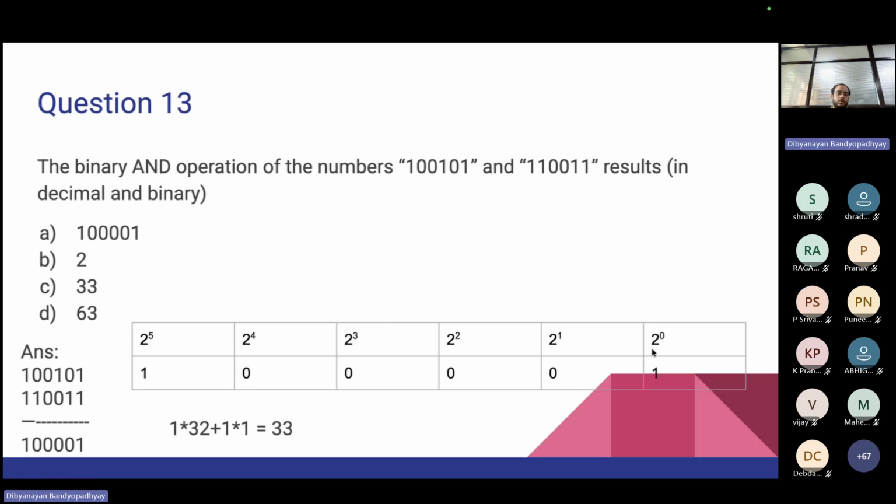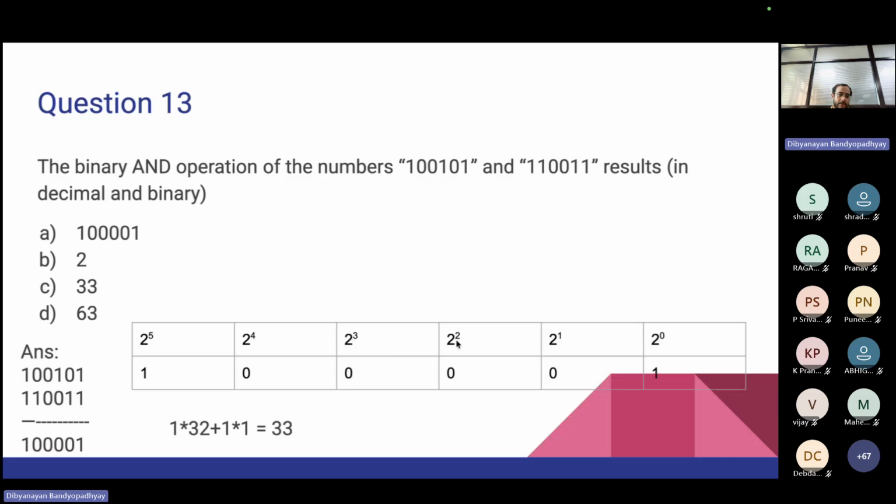This is 2 to the power 0. At the 0th position, what is the digit produced by the binary AND output? 1. So you put 1 here. At the first position, you got 0, so you put 0 here.